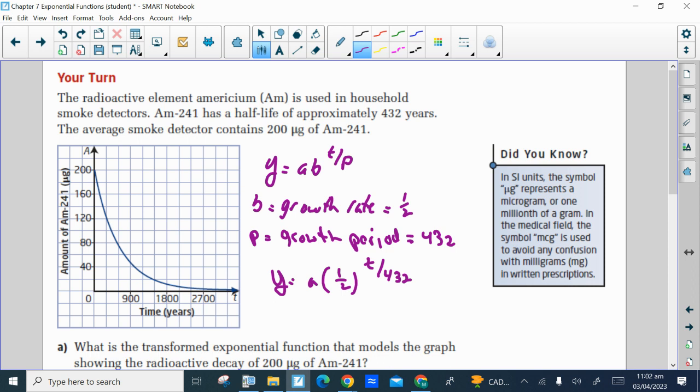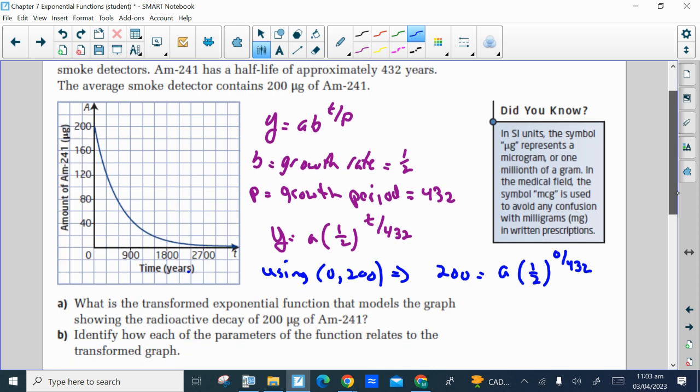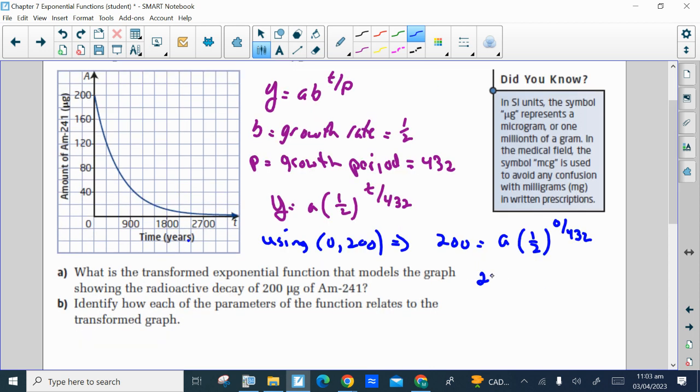And once again, I can algebraically determine what a is by using a point on the graph, using the point 0, 200. So 200 will equal a times 1/2 to the power 0 over 432. And 0 divided by anything is 0. 1/2 to the 0, anything to the 0 is 1.